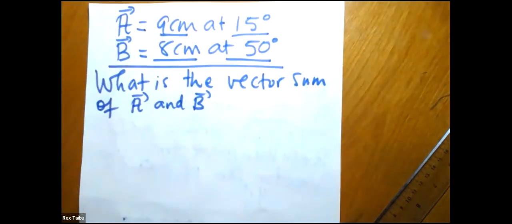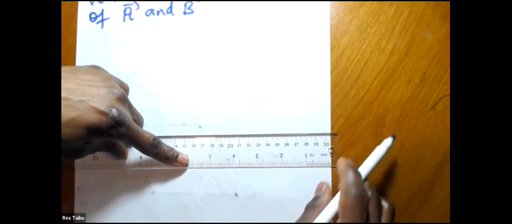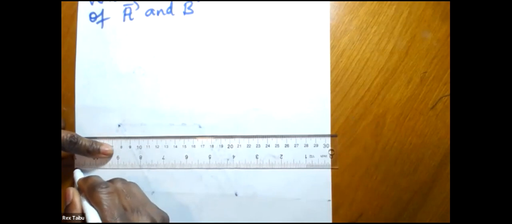All right, remember the first thing to do is to draw the x, y axis. So let's draw the x-axis. It should be horizontal. Try to make it horizontal. I look at the ruler properly to make sure that it's horizontal.